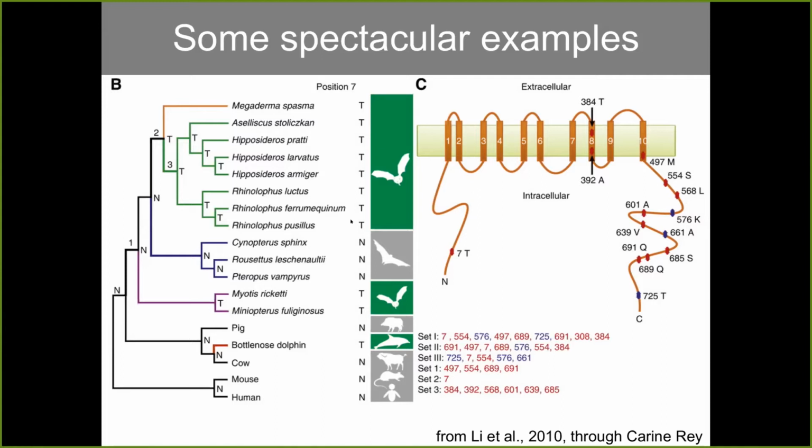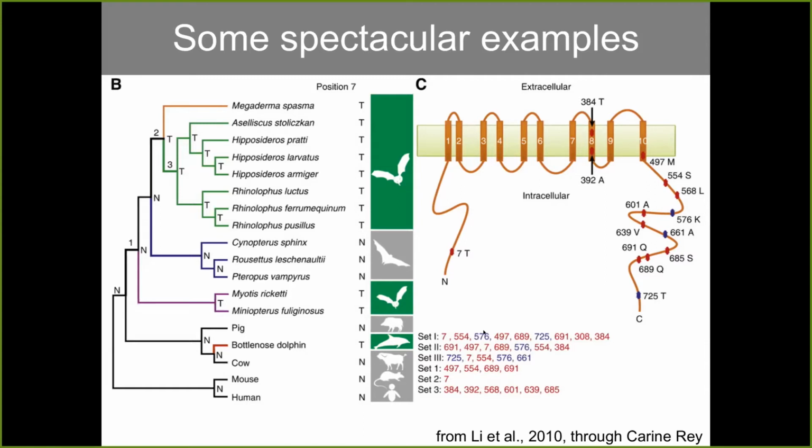So there have been a few functional studies of this gene and of those mutations. And this gene, the prestin, is involved in hearing. It's a hearing gene, basically. So it's involved in the ear of mammals. And when you do experiments, you do obtain results that are consistent with it being involved in echolocation.